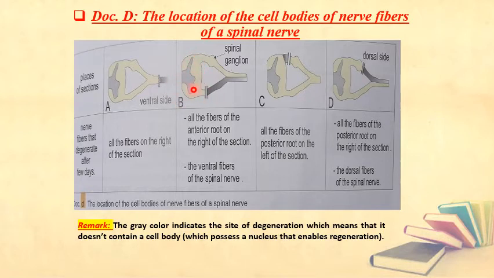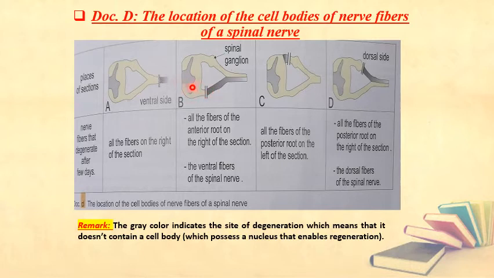And from activity 3, we've studied together that the white matter of the spinal cord contains nerve fibers, you remember, and the cell body is found in the gray matter. So the location of the first cell body is in the gray matter of the spinal cord toward the ventral side.